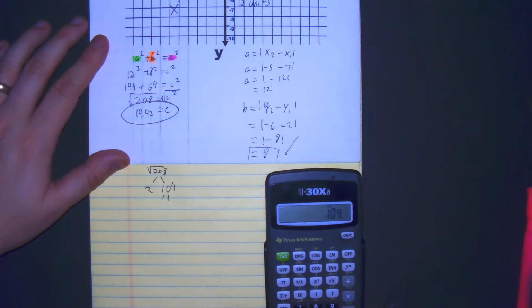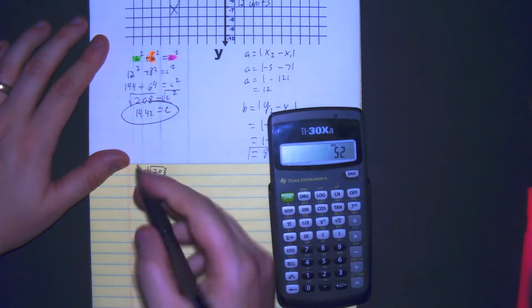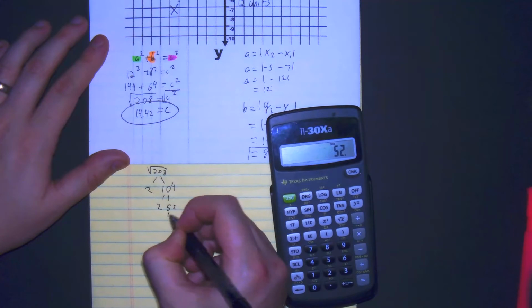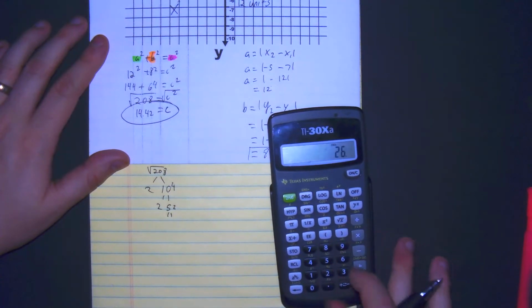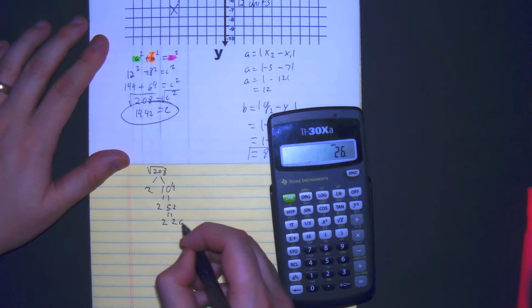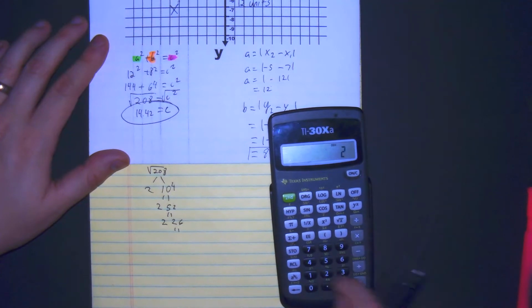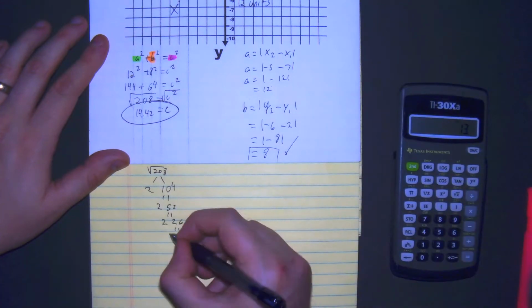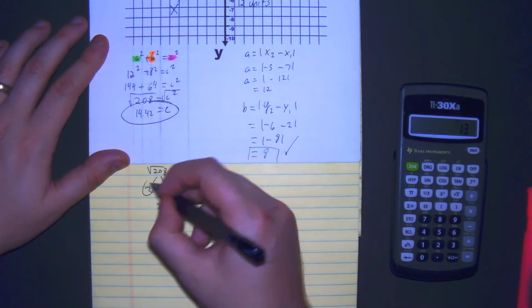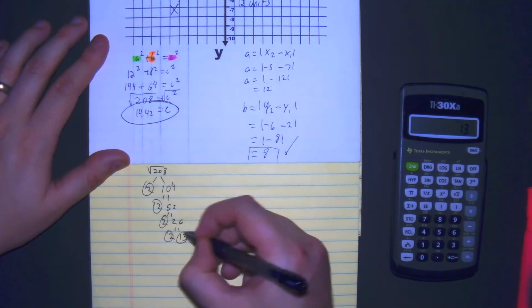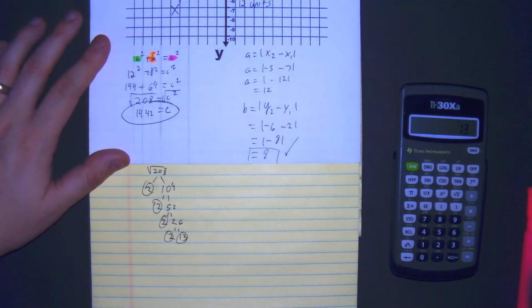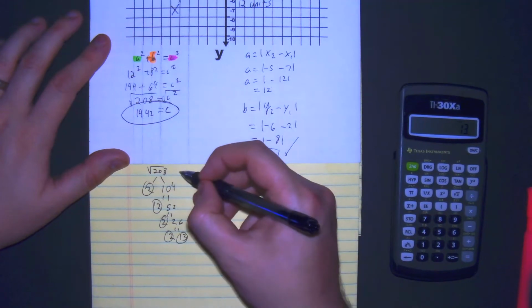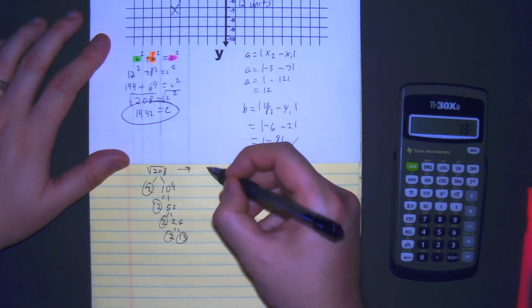Then you can break 104 down by 2, you get 52. Break down 52 by 2, 26. Divide that by 2, 2 and 13. Circle all the prime numbers. We see that we have them all. We're done.